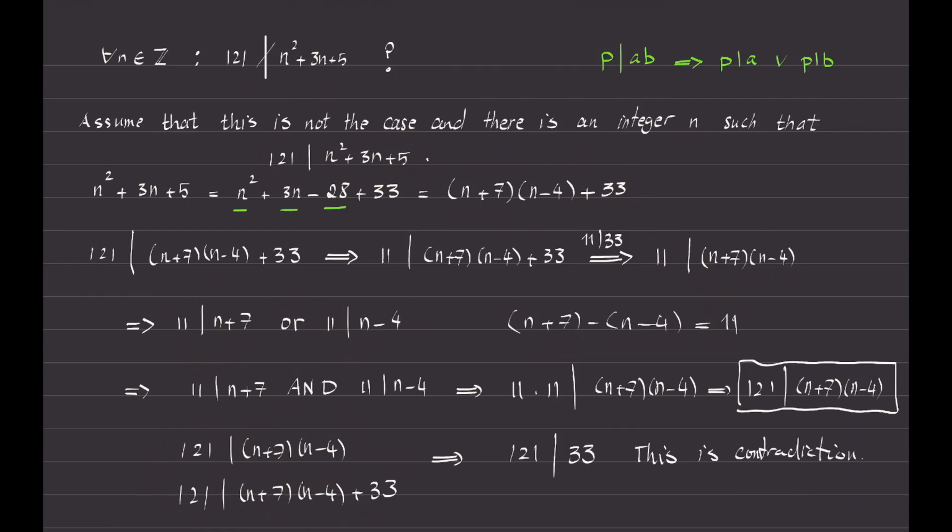In other words, if you don't believe that what the problem says is correct, and you assume the negation of that, then you have to accept that 33 is divisible by 121, which is an apparent contradiction. So this means that the statement is indeed true.